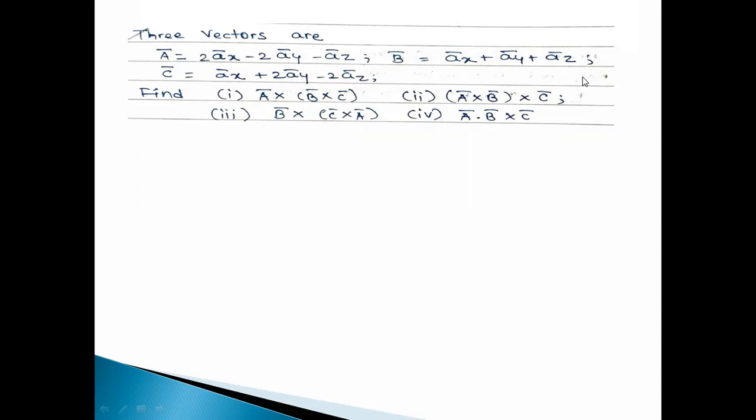So always find b bar cross c bar first, and then take the dot product. That's why I'm writing this in a bracket actually. But if it is not given, you can also solve using the same method. Okay, so we'll see that.